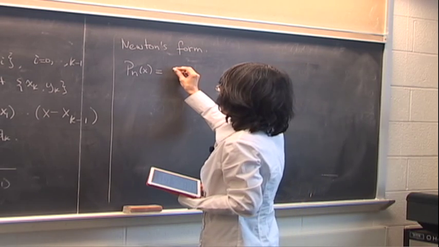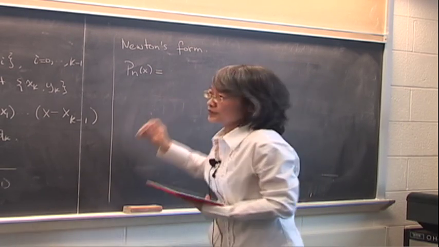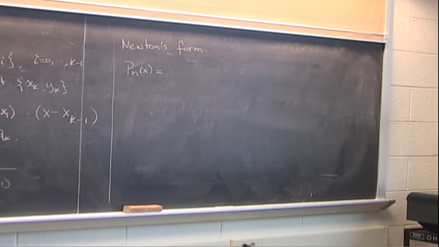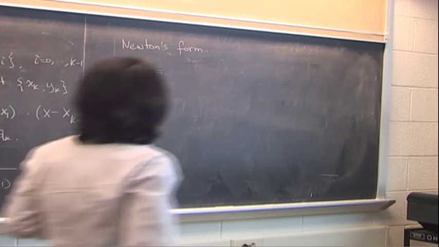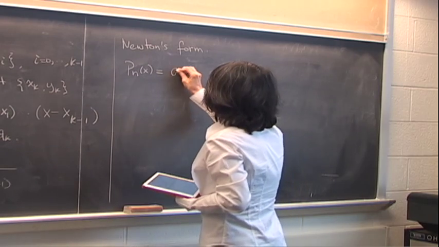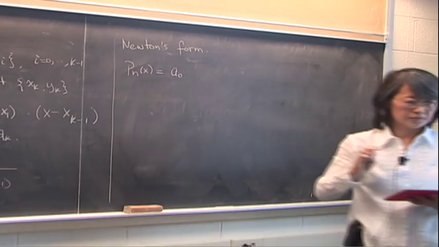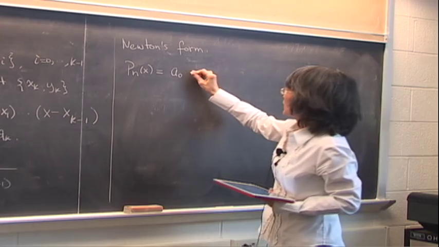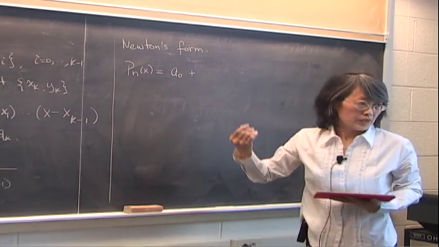P0, for which I should introduce a name. I would call this just A0. So I have all these coefficients as A's, okay? The first one is A0, that's my P0. Then I add the additional term needed to make it P1, right?